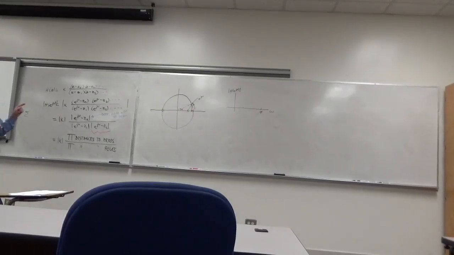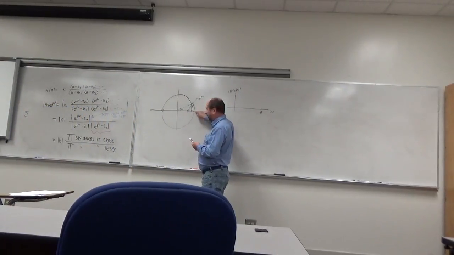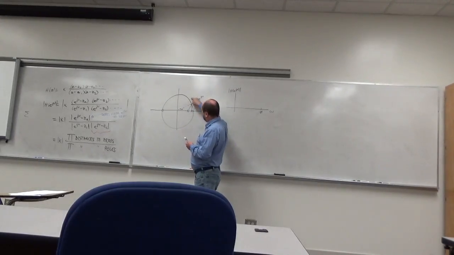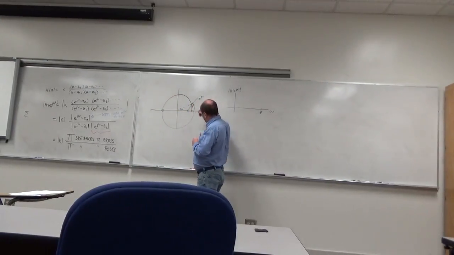So what I'm going to do is this. I'm going to start off at 0 right there on the real axis, and then I'm going to run around the unit circle all the way around to pi. And for every frequency, as I move around, the frequency is that angle.